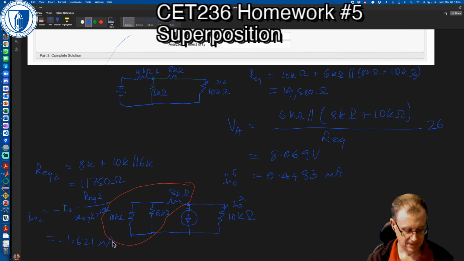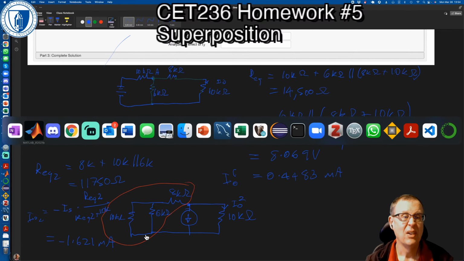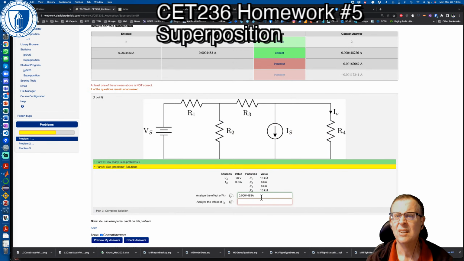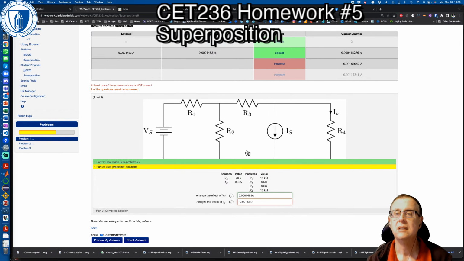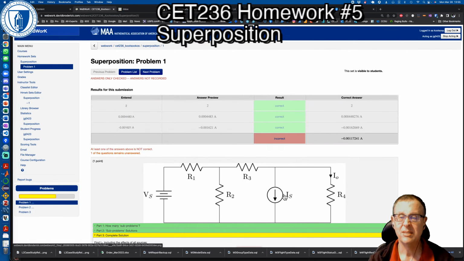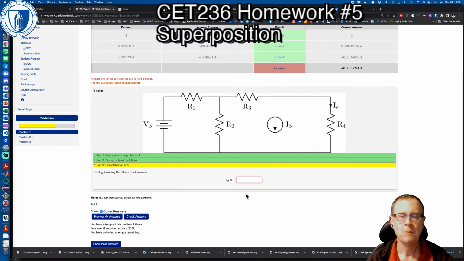Let's see if that works. Yeah, it looks like it's going to go. So minus 0.001621, and that's amps. And hopefully that'll be close enough to the real one to match.